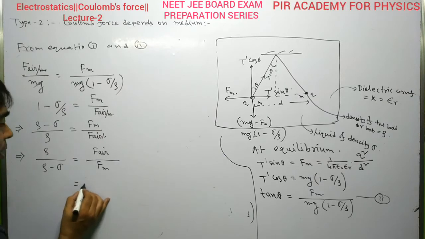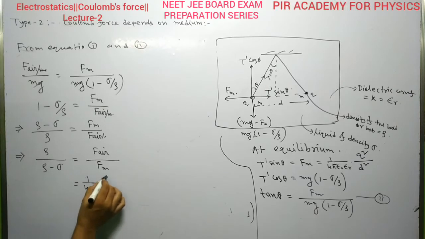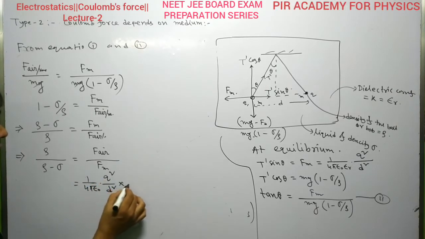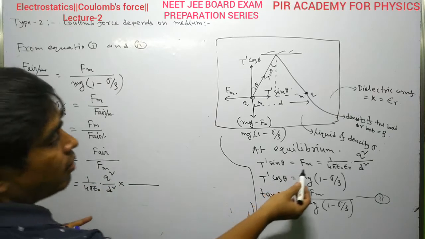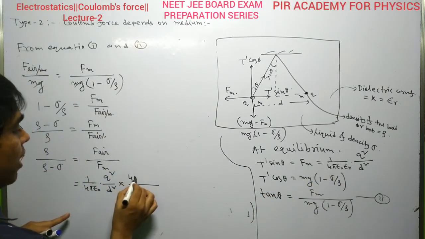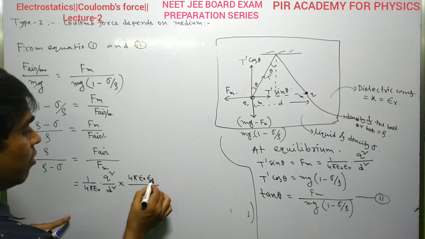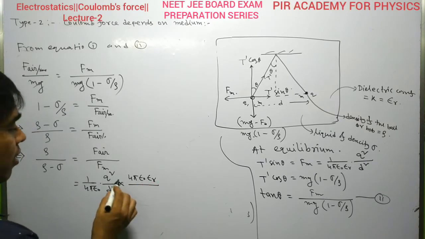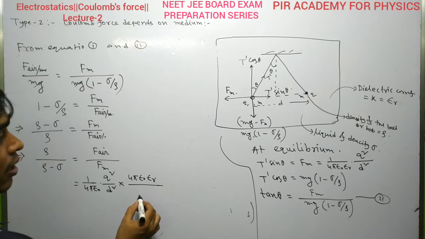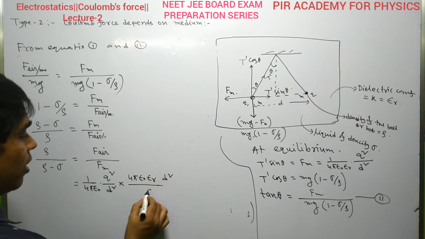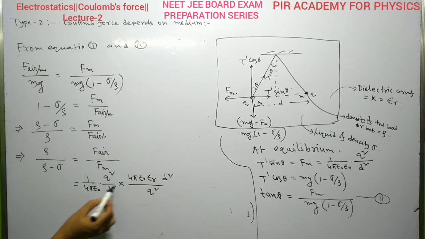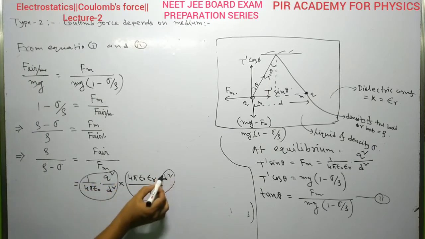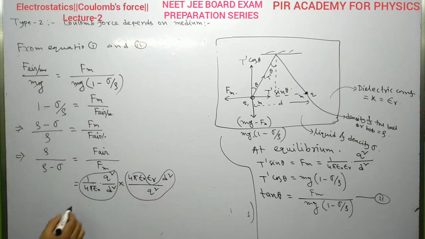Here F is 1 by 4 pi epsilon naught into q square by d square, and in the medium it is 1 by 4 pi epsilon naught epsilon r into q square by d square. So these values cancel out, and it will be epsilon r or k.